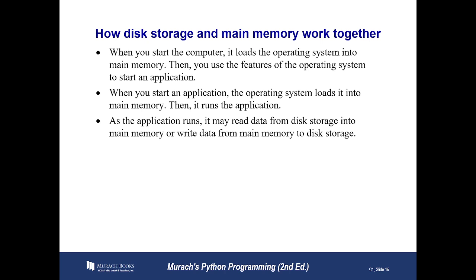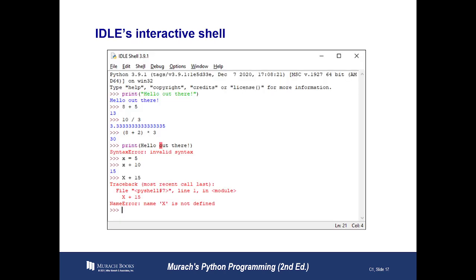When I first heard that as a student, I thought, what do you mean by core? Anyway, it can also write data from main memory to disk storage, so you could read or write as needed. There are programs that can open files, read them, and then maybe open files and write to them. Just like Word can open a document, you could edit that document, and then save it, so it would be writing to disk.